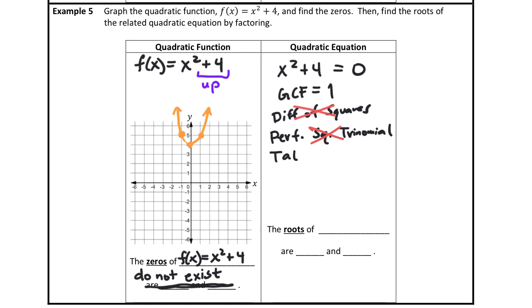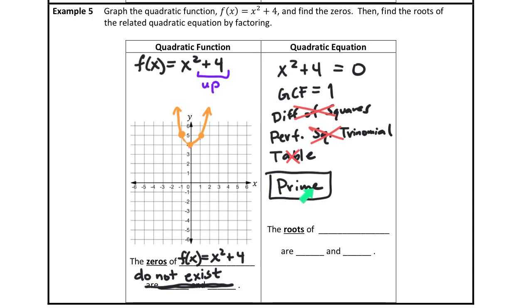And the last method, the table method. Again, the table method is for trinomials, but we already established that this is not a trinomial. So none of the methods can help us factor. So we would say, if you remember, that this is prime, because the GCF is 1 and none of the methods worked.